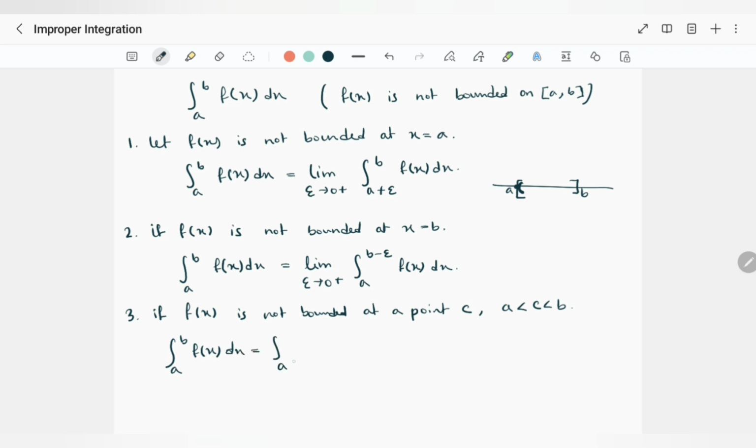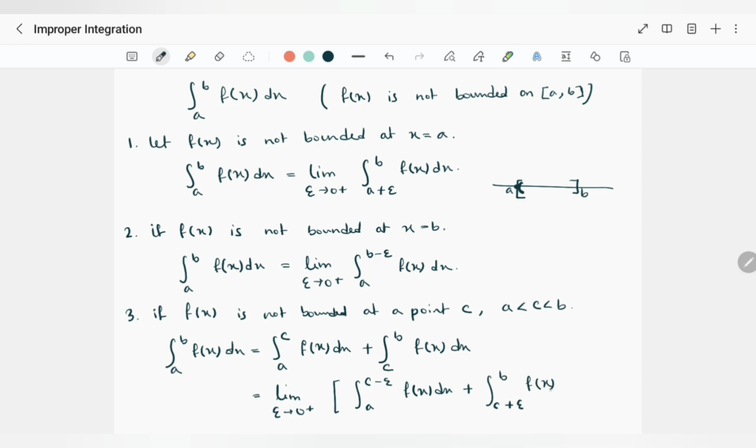Then we can write it as integral a to c f(x) dx plus c to b f(x) dx, and we can take the limit like integration a to c minus epsilon f(x) dx plus integration c plus epsilon to b f(x) dx. And do you know how to calculate thereafter?